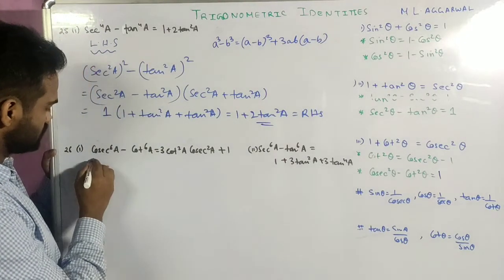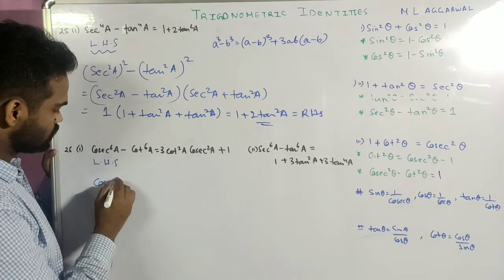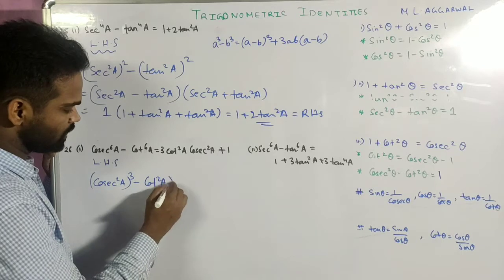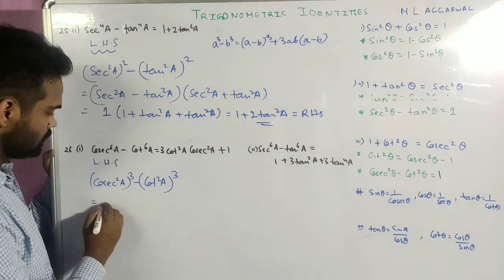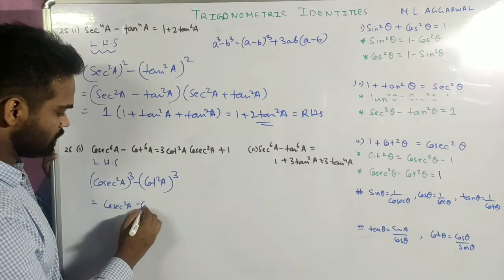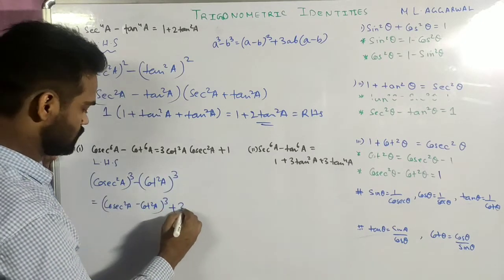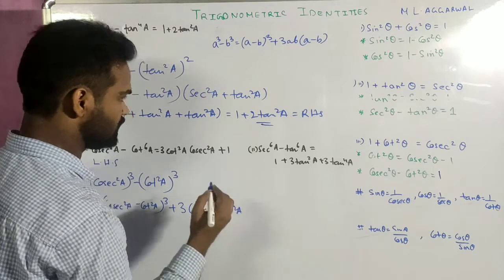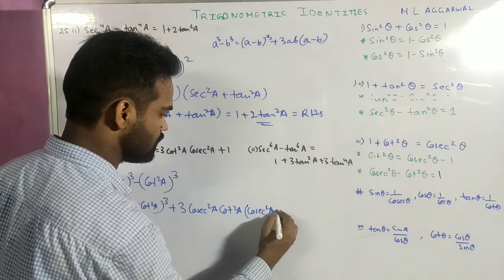Now this, your left hand side, can I write cosec square a whole cube minus cot square a whole cube. Now, a cube minus b cube is what? Look over here. A minus b whole cube plus thrice ab (a minus b), isn't it? A minus b.